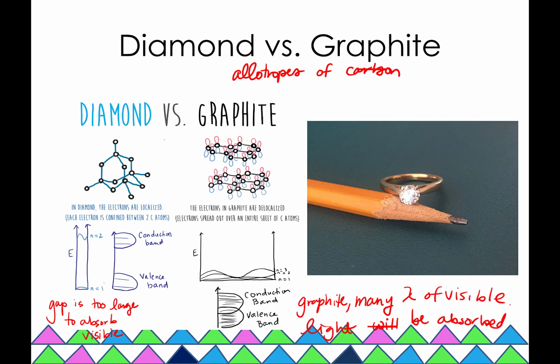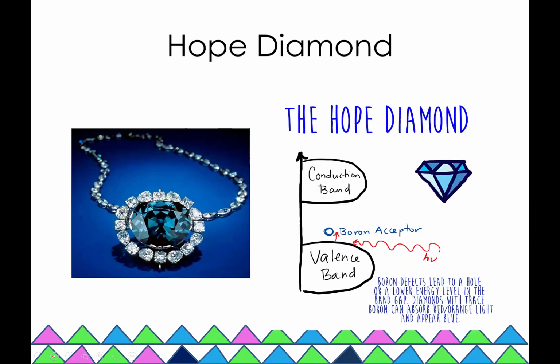And so that's why graphite has this black lustrous color, whereas diamond is colorless. So one exception, though, there are some colored diamonds. One very prominent example is the Hope diamond. And we can also understand the color of the Hope diamond using band theory.